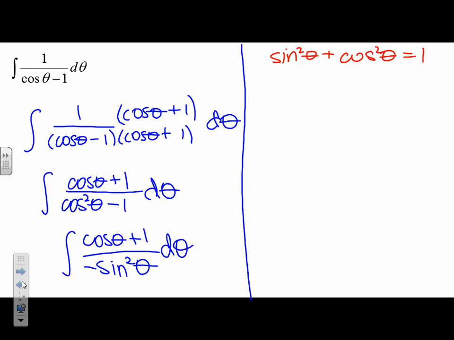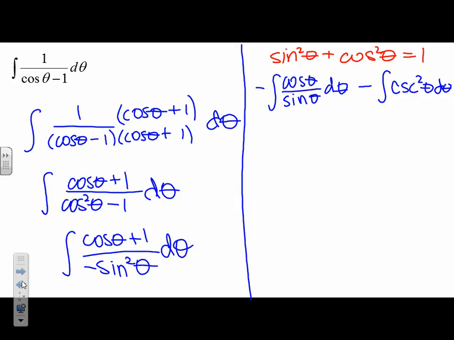But that plus 1 is kind of throwing us for a loop here. We can make this negative cosine of theta over sine squared theta d theta, minus the integral of what is 1 over sine squared? And cosecant squared is not a bad integrand either, is it?